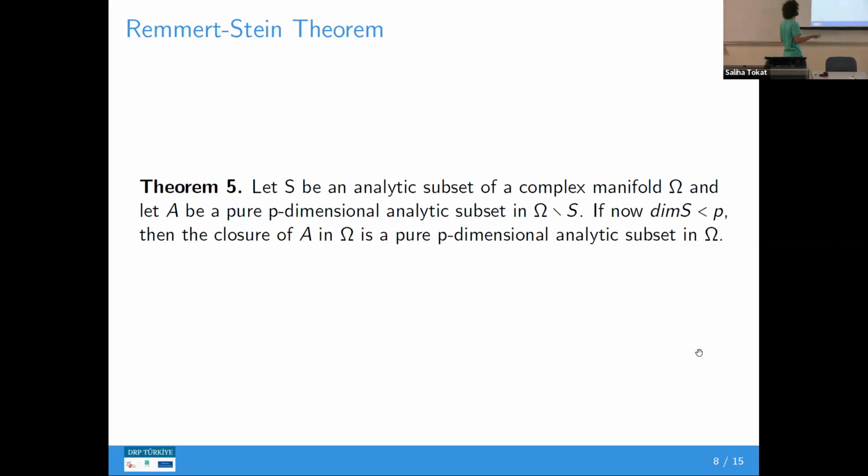How can we do that? If S is small enough, we can do that. And we measure the smallness of S by using the dimension concept. So if the dimension of S is less than p, we can do that. And then our analytic set A is also an analytic subset in omega. This is the statement of the Riemann-Stein theorem.